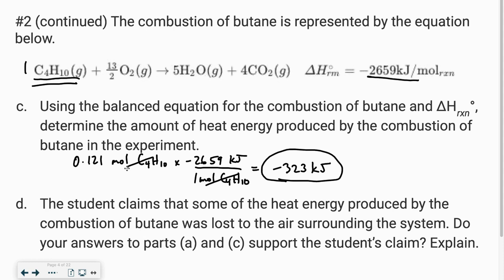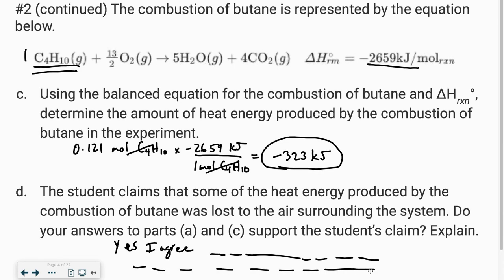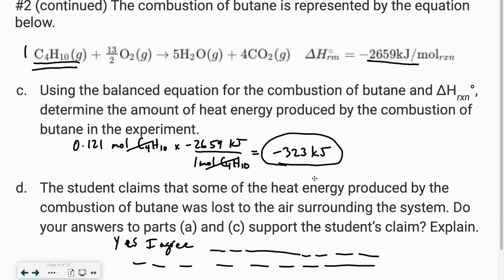So you would write an answer, yes, I agree, and add an explanation sentence, and this is in the annotated slides. I'm just not going to take the time to write it out here, but saying something to the effect of the butane's producing this much energy, but it only requires 241 kilojoules of energy to heat up the sand, so some of the heat is lost to the surroundings.